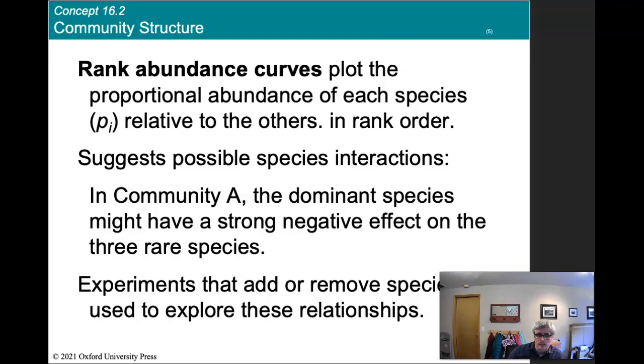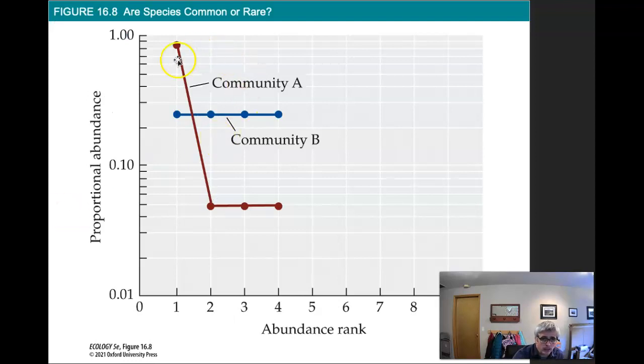And you can add experiments to explore these relationships. So if we look at, back to the butterfly example, if we just plot the proportional abundance for the most dominant species, that's the first one, it's quite high, and then for the last 3, it's low. It's 1 individual out of 20.